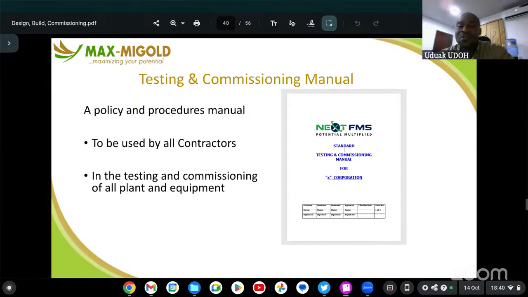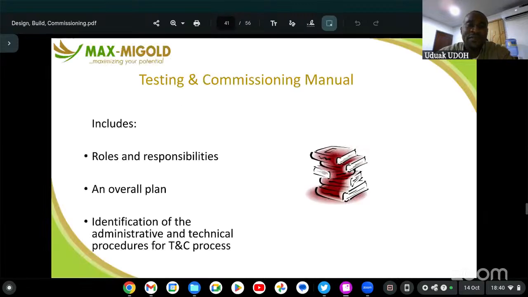I told you being operationally ready means what your company agrees on is the same as what the vendor does. And that contract, that document, is what all stakeholders will keep a copy of so that everybody is on the same page. So it involves the roles and responsibilities of the engineers on site, the overall plan, the scope of the job, the way the commissioning will be done, the way the testing will be done.